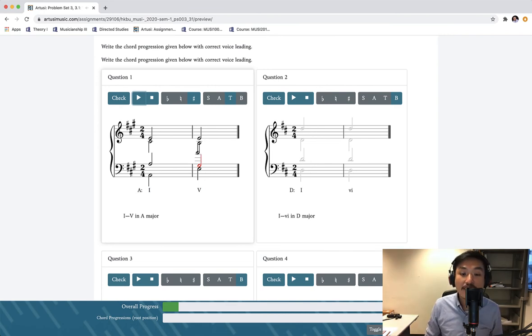So there's an octave between the bass and the soprano, and that's going into that octave by oblique motion because the E4 in the soprano is staying the same. And then there's also a fifth between the bass and the alto, the E and the B, and that's in contrary motion. So all of it sounds good, and this should be no problem.